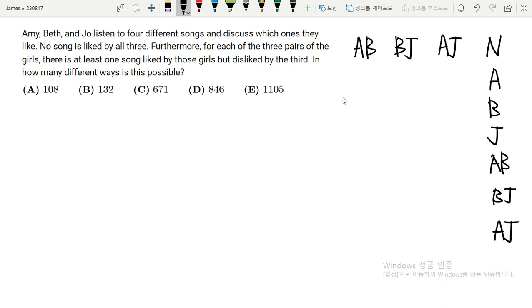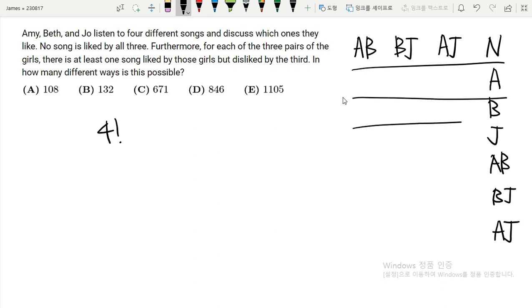So we want to find the number of cases for each arrangement. So the first case, because all songs are different, we can make 4 factorial. So for these 4 cases, because all letters are different, the number of arrangements is 4 factorial, so we can multiply 4.